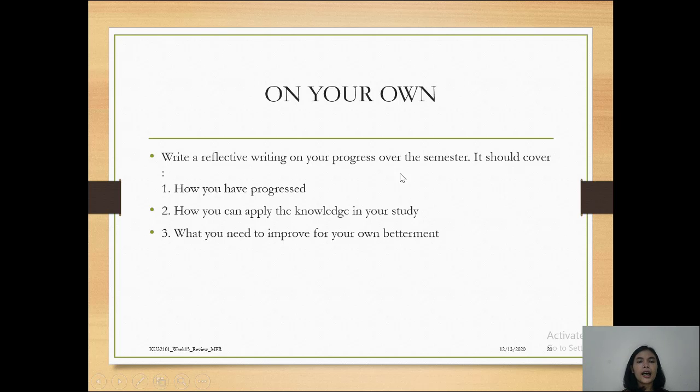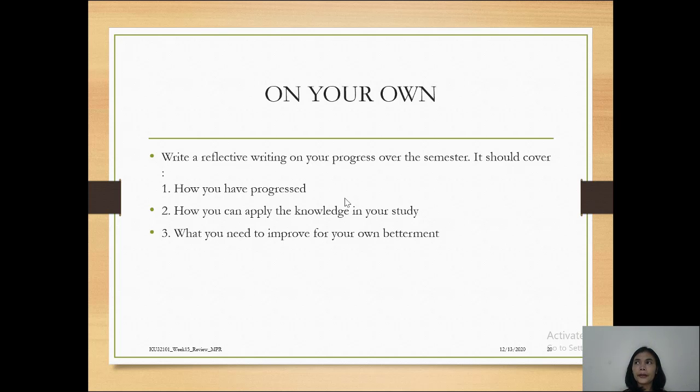And then, how you can apply the knowledge in your study. For example, it can help me to get a better job later on in the future, or when you're reading text, you will be better in understanding it if you know English. And then how would you improve yourself for your own betterment?